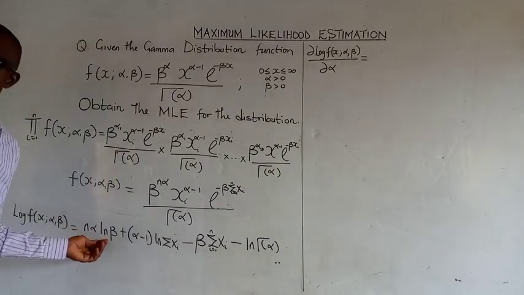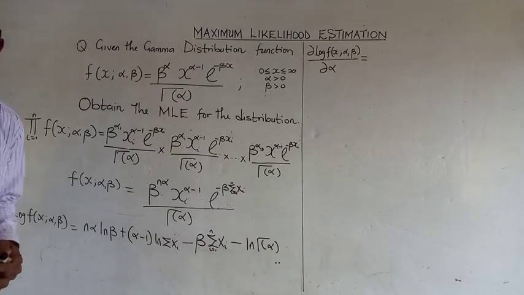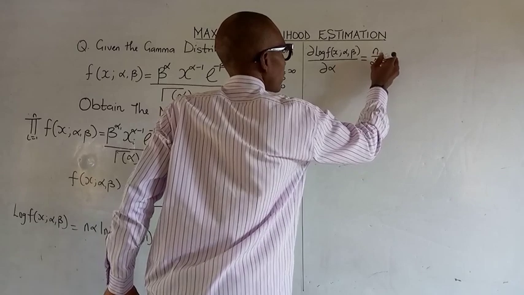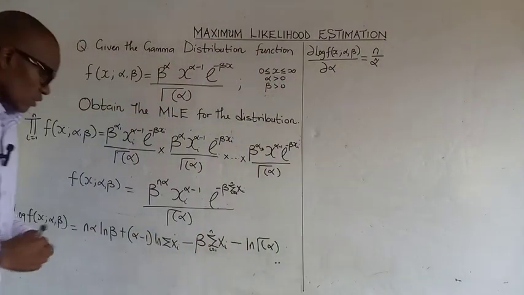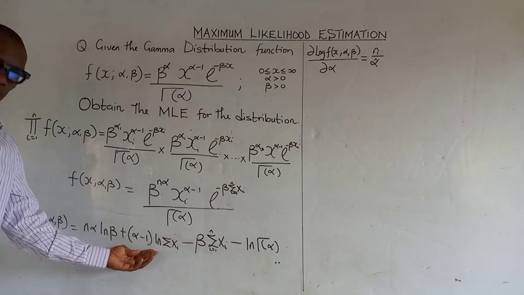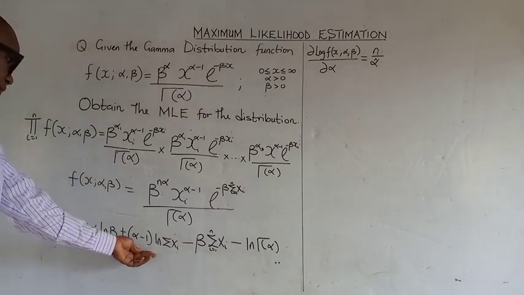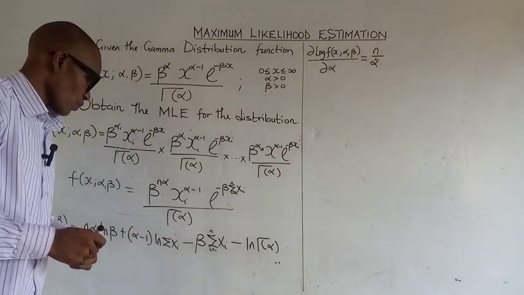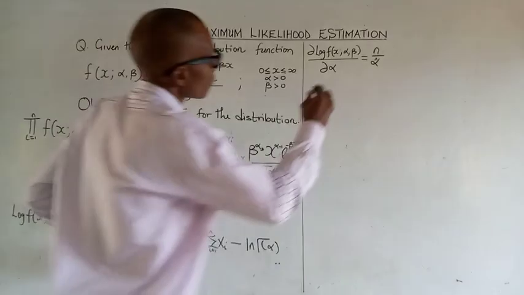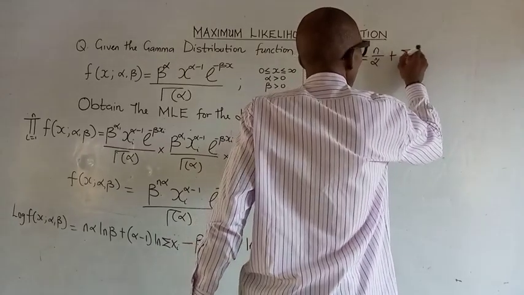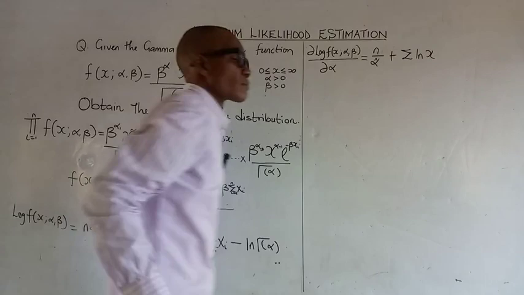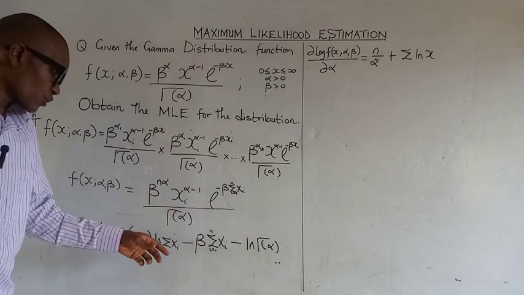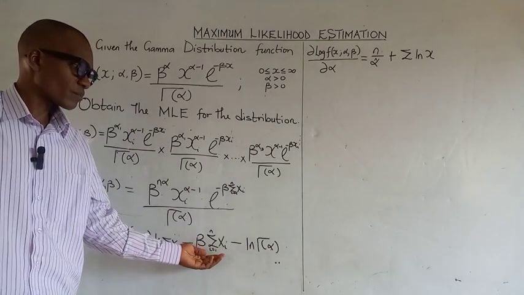If we differentiate this, we get n all over alpha, which is our estimate. If we now differentiate this, here it turns to 1 minus 1, 0, so we have plus summation of log x. And if we differentiate this, it turns to 0.